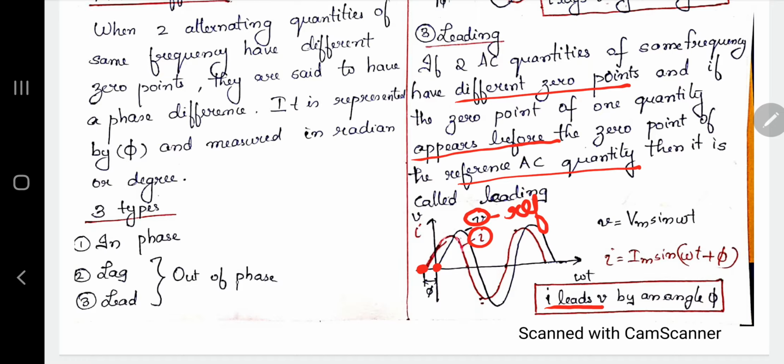Current leads the voltage by an angle phi. We have already studied how to represent each waveform: V is equal to Vm sin omega t, and I is equal to Im sin (omega t plus phi). Why? Because it is leading the voltage by phi. So this is how you have to represent the leading and lagging concept.